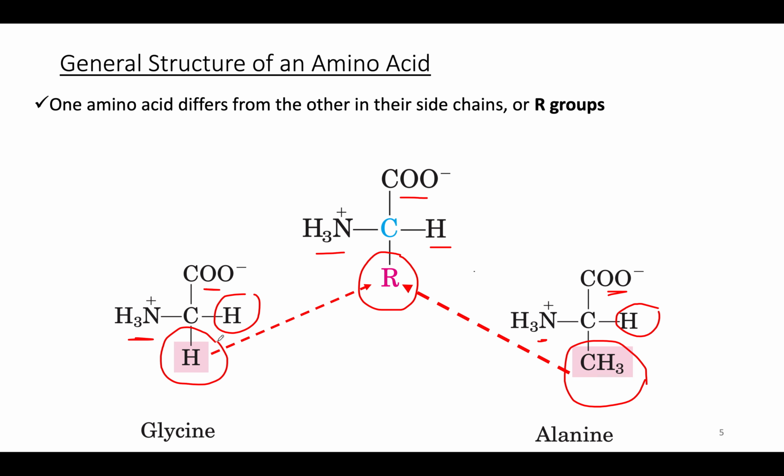I want to emphasize this because this is very important for your assessment. How do you differentiate between amino acids? The answer is that we differentiate amino acids based on their R group, or to be very precise, based on the side chain.